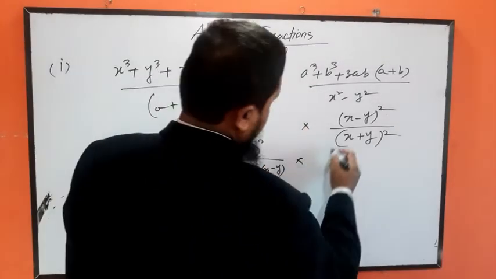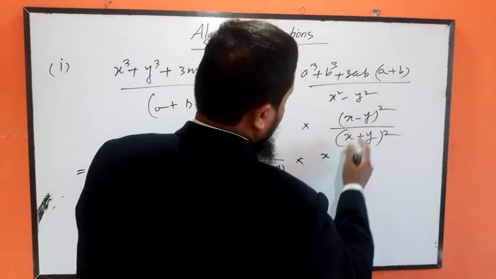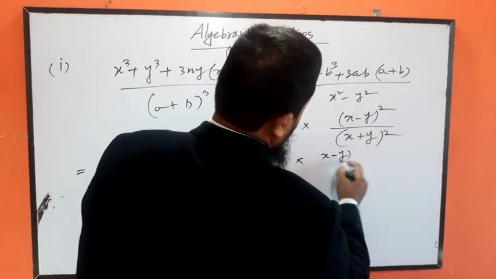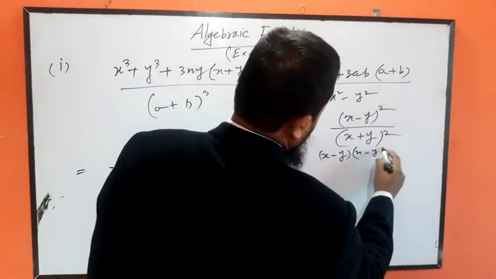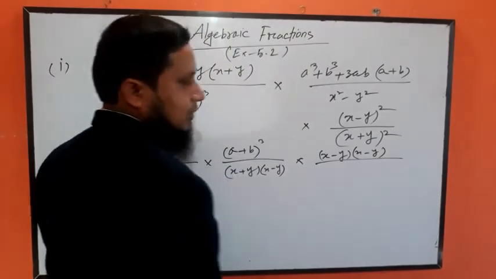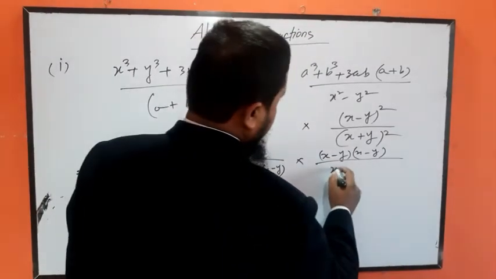Now x minus y whole square is given, we can write it this way, x minus y two times, and here the same thing.